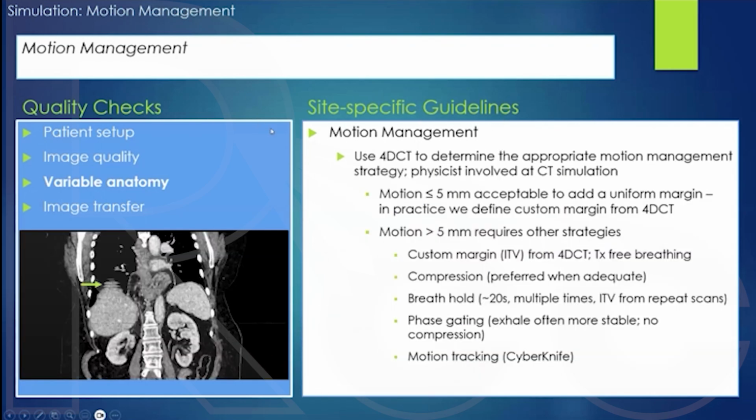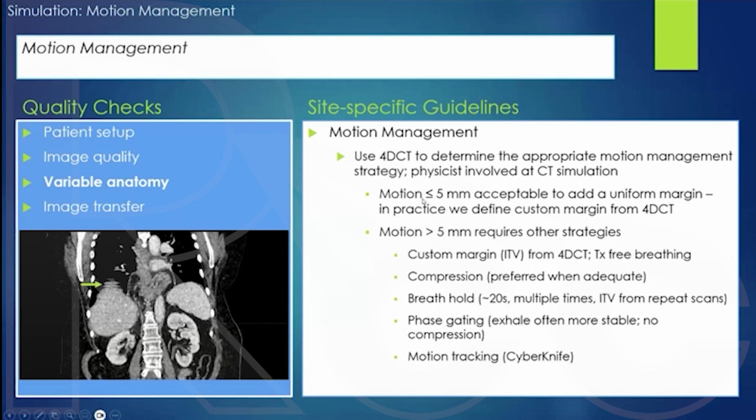Okay, and so what about motion management for an individual patient? If you have the luxury of having 4D CT available, it's highly recommended to use per patient for SBRT in the chest and SBRT in the abdomen. The physicist is typically involved and is encouraged to be involved at the CT simulation.